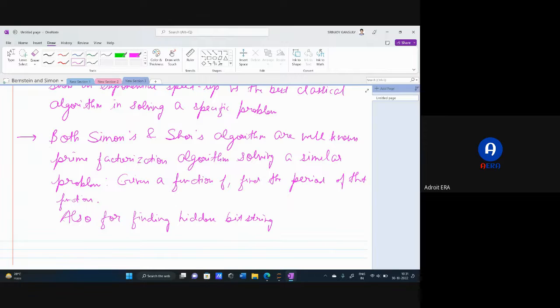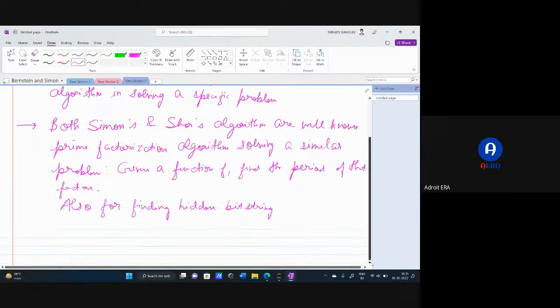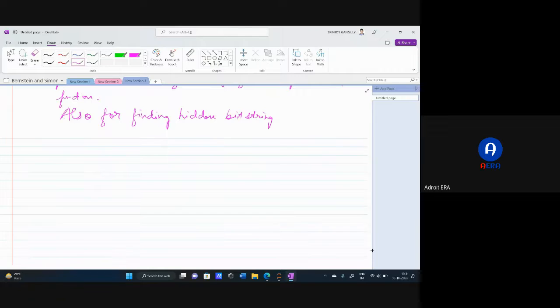So what is Simon's problem statement? As we have seen for every algorithm, like Deutsch Jozsa, then yesterday we saw for Bernstein Vazirani, problem statement. So similarly, Simon also has a problem statement, finding one to one or two to one.